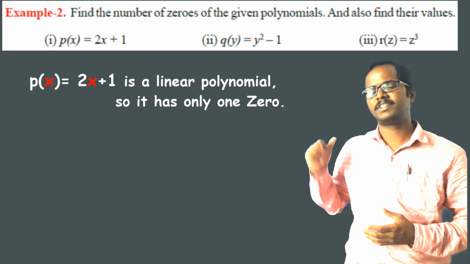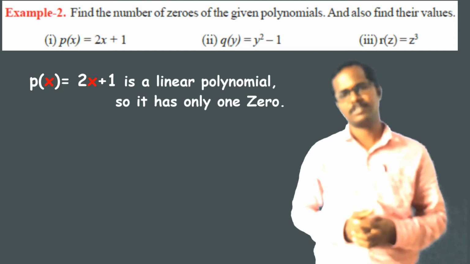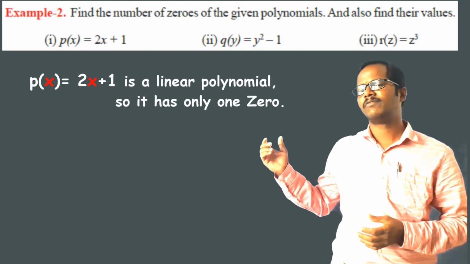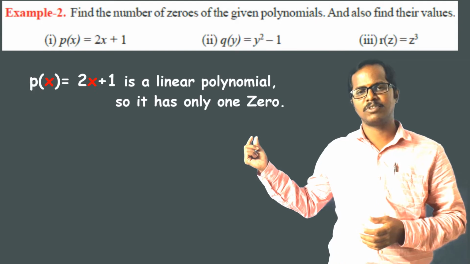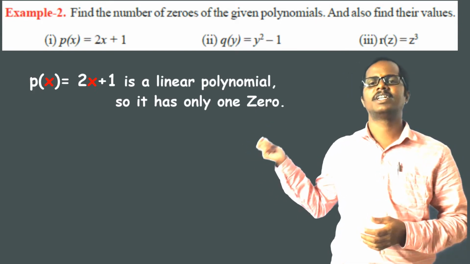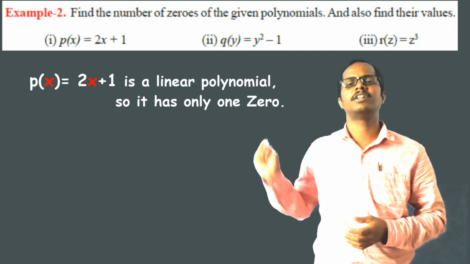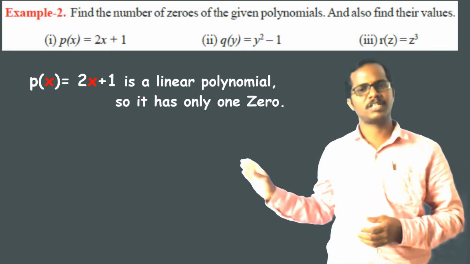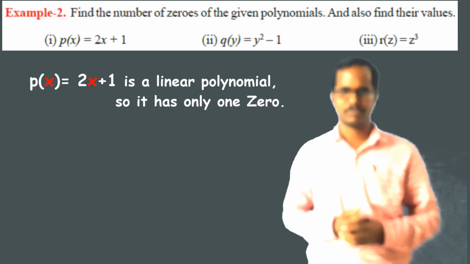To find the zero of this linear polynomial, we need to find the value of the variable present in the polynomial such that when that value is substituted in the polynomial, it makes the total polynomial value 0.